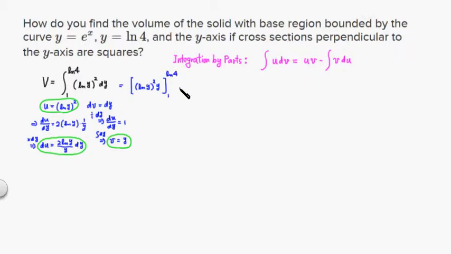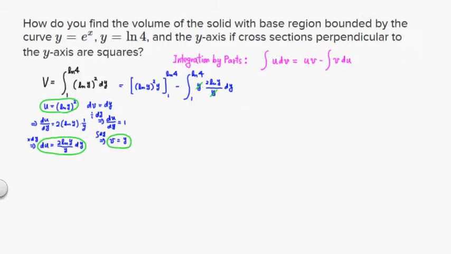Then minus the integral from 1 to natural log of 4. The v is y, so it's y times du. du is 2 natural log of y over y dy. Luckily we can cancel y on top and y on the bottom, so it's a little simpler now.